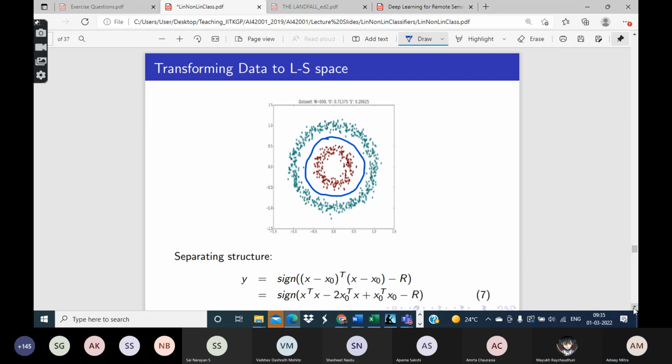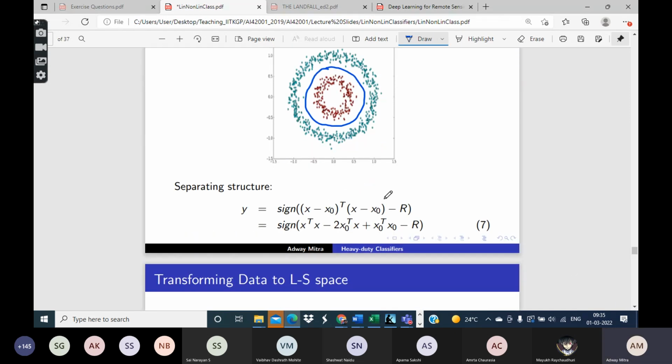So let us say the center of the circle is x naught, and the radius of this circle is r.